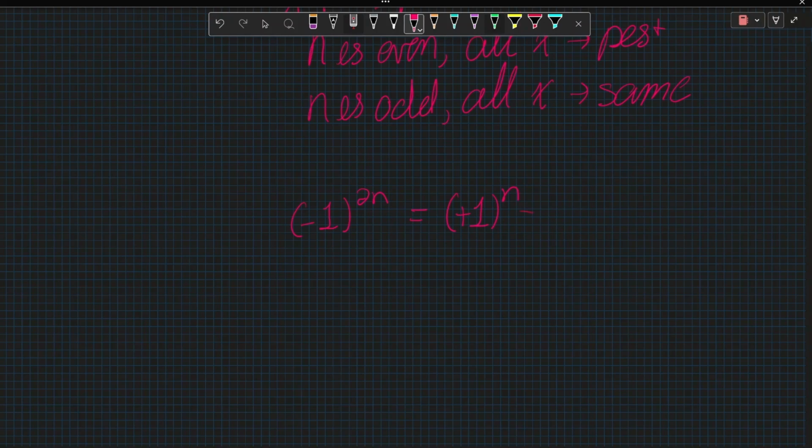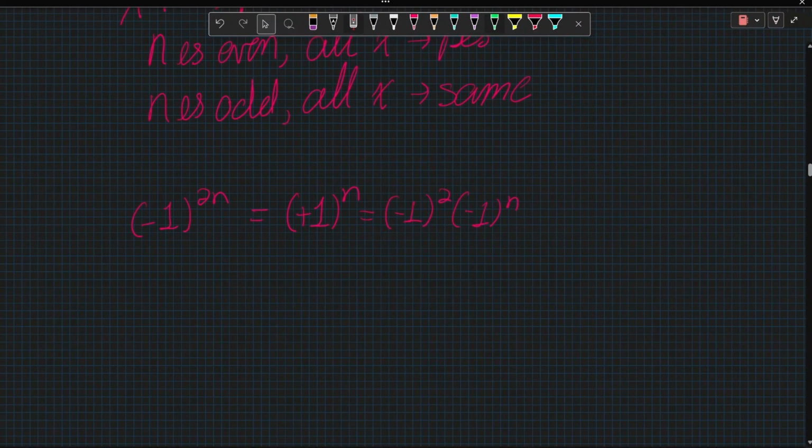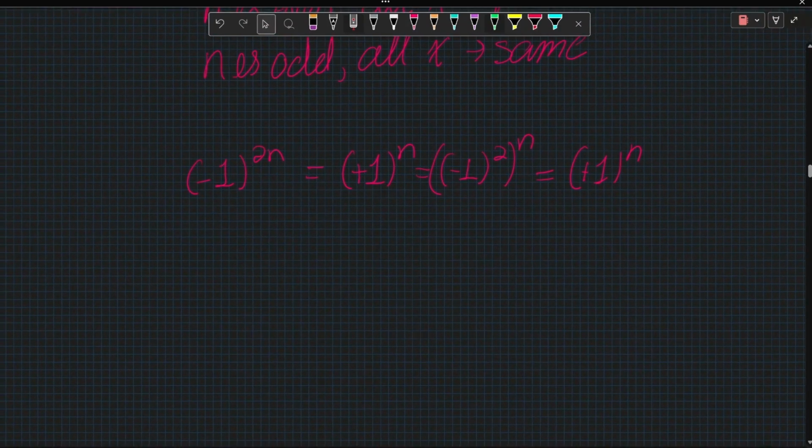Because that'll be the same as negative 1 squared times negative 1 to the n. Sorry, no, that's actually the case. Because they're multiplied, it'd be negative 1 squared to the power of n, right? And this negative 1 squared is positive 1 to the power of n, and that's that.